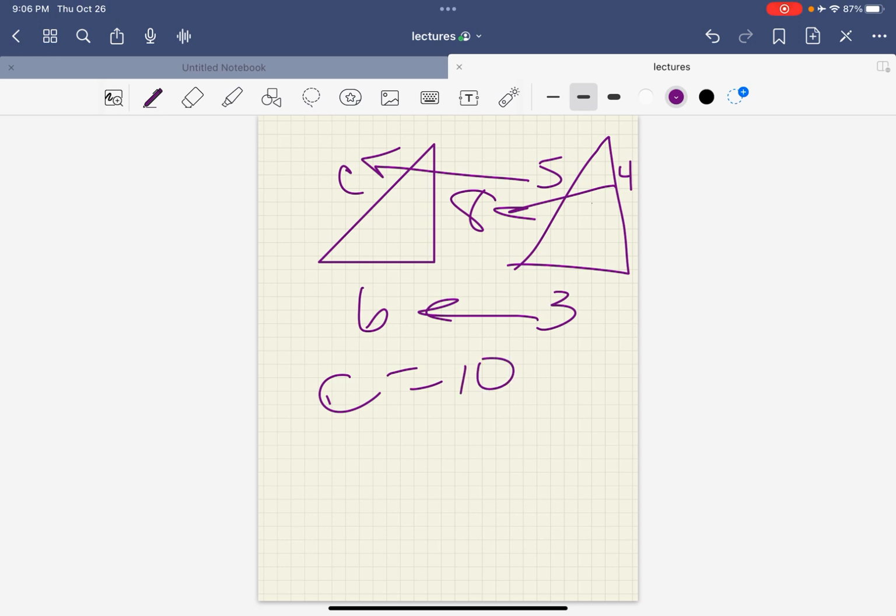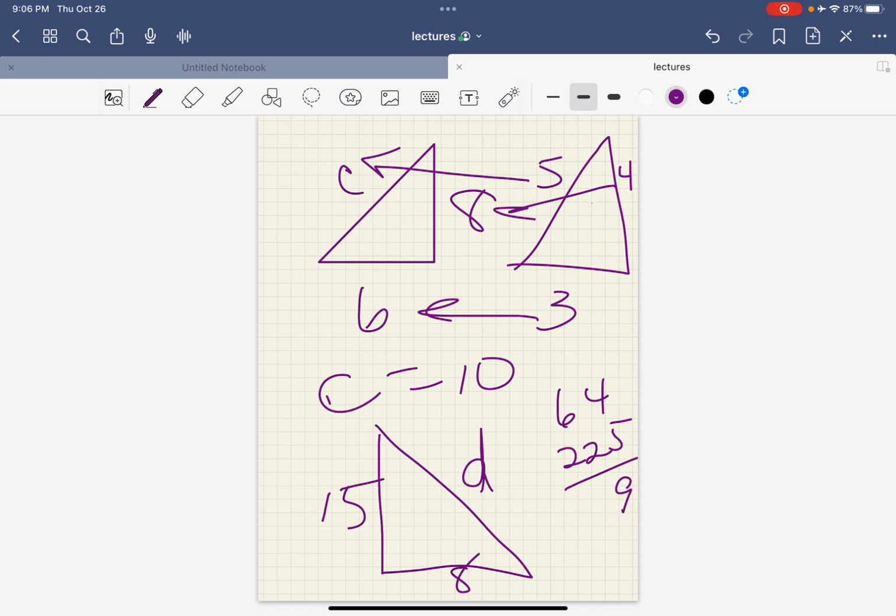And then letter D, 15, 8, and D. That's 17. 64 plus 225. Yeah, it's 17. So D is equal to 17. So A, B, and D were the ones that you just have to memorize. And then this one is just a multiple of the 3, 4, 5.